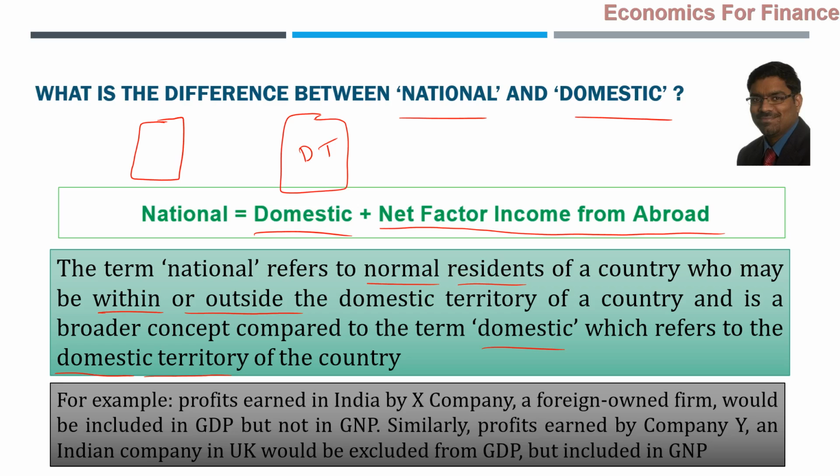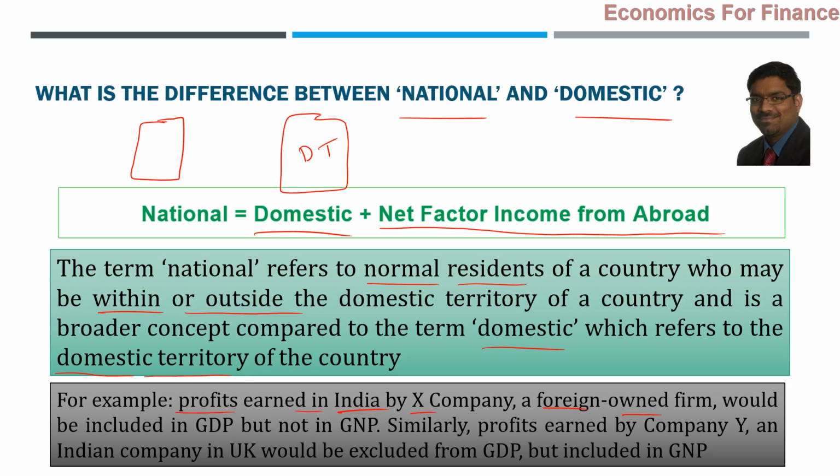In case of GNP, when we say national, it is not just the domestic territory. It is even the value addition done by our people abroad, our NRIs, non-resident Indians working elsewhere. Their value addition is included in the national concept. For example, look at profits earned in India by a foreign owned firm.